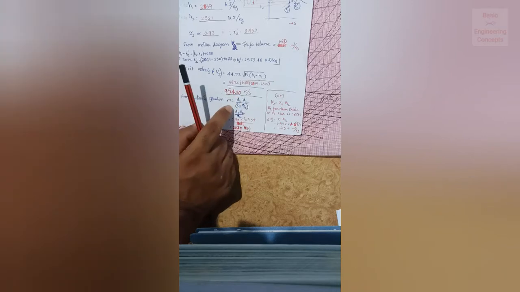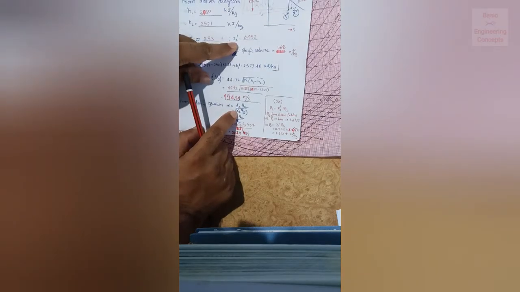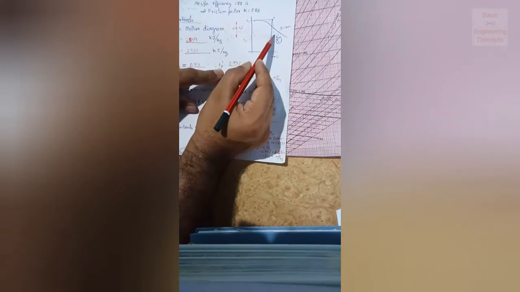So you have to find the mass of the steam, and this is the equation. m is equal to a2 v2 by x2 dash vg2, where a2 is the area and v2 is the velocity at the exit. So x2 dash and vg2, this point, because this is the actual line.